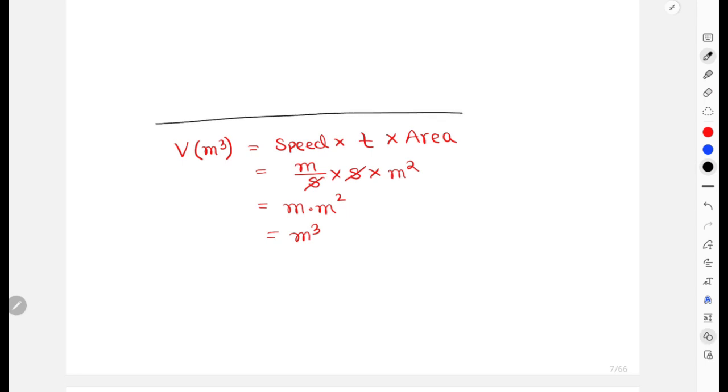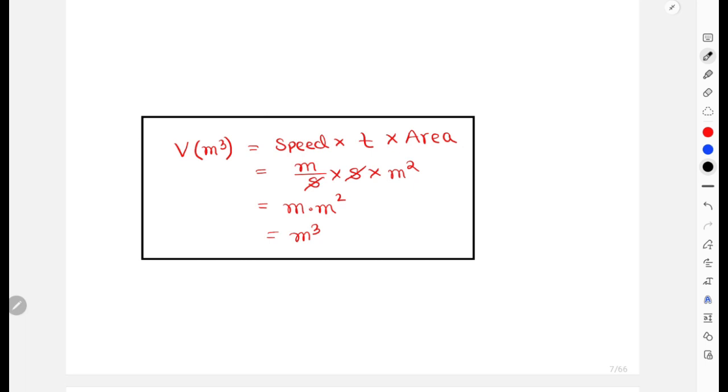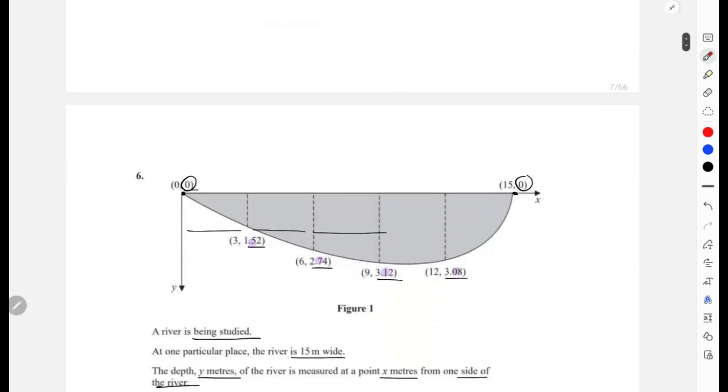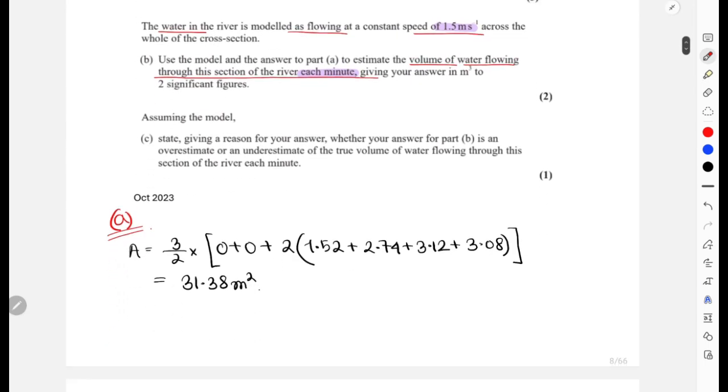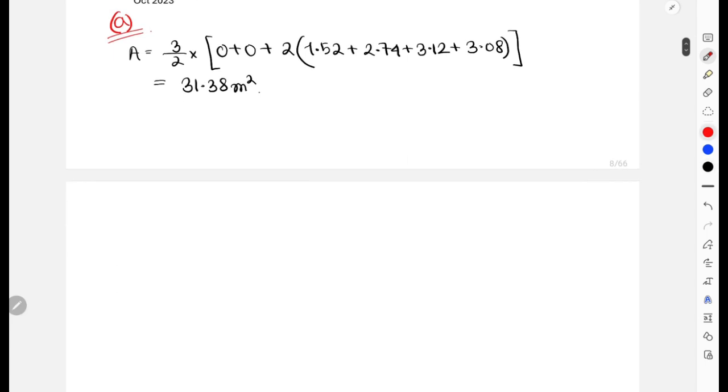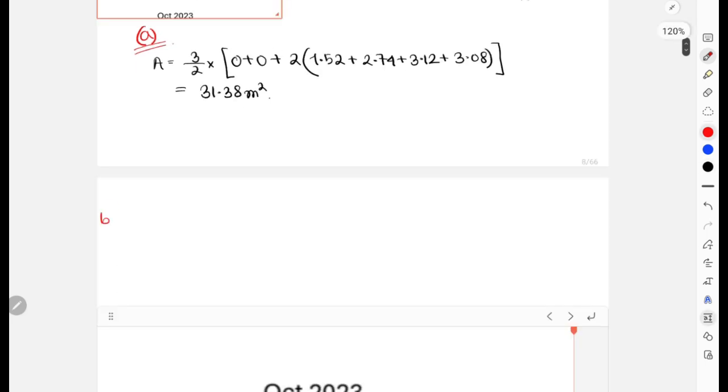So I'll just write this term down as a note. So we will use this to solve your answer for part B. There's nothing else to do, to be honest, for part B. It's just basically using your formula.